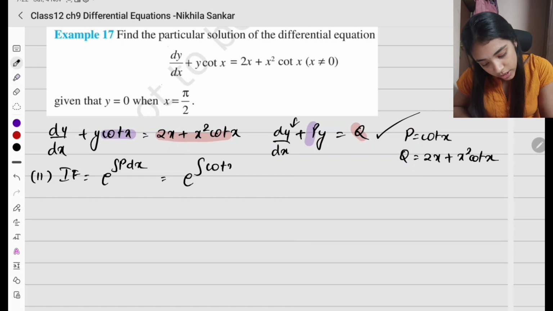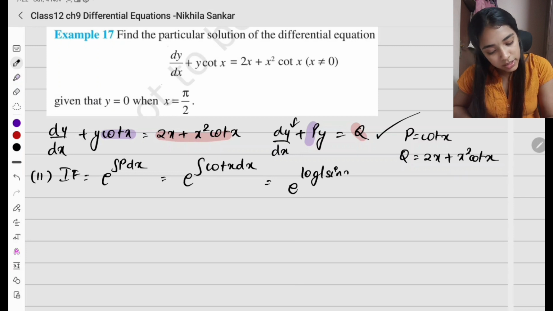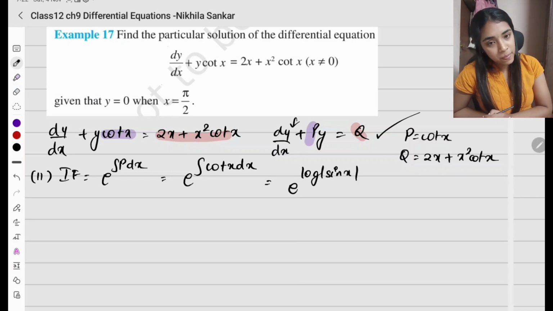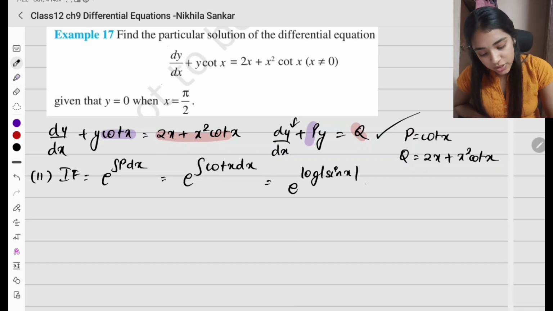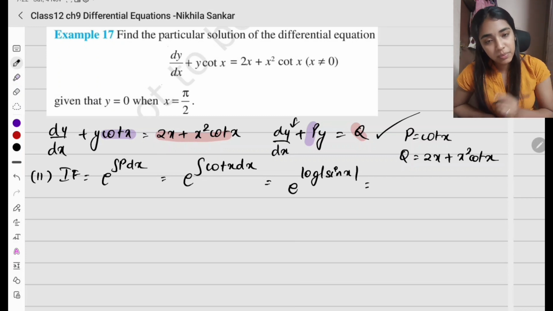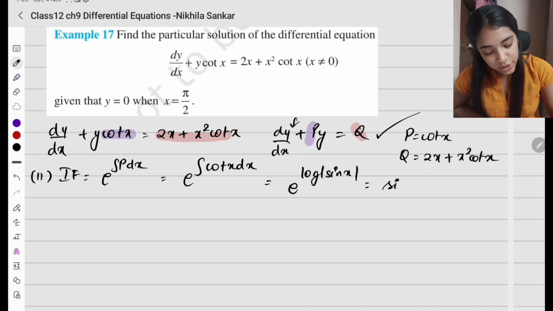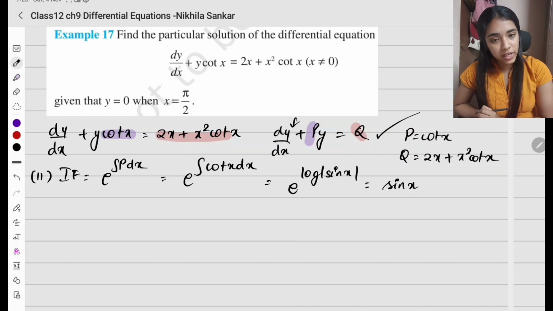Now, I have cot x dx. What is the integration of cot x? It's going to be e to the power log mod sine x. Remember, integration of cot x is going to be log mod sine x. So this is my integration factor. E to the power of log of some function is going to be the function itself. Okay, sine x.